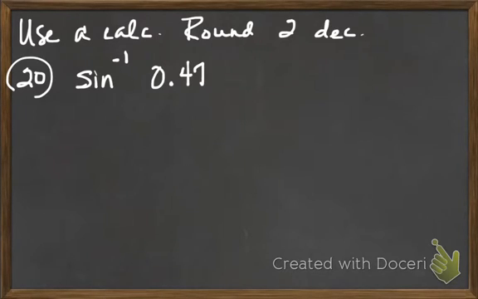Okay? So inverse sine means what angle has a y value of 0.47. Well, we haven't memorized any y values on the unit circle of 0.47, so it's one of those y values that we did not memorize. So this is where we have to use our calculator. Do you think we should be in degrees or do you think we should be in radians?